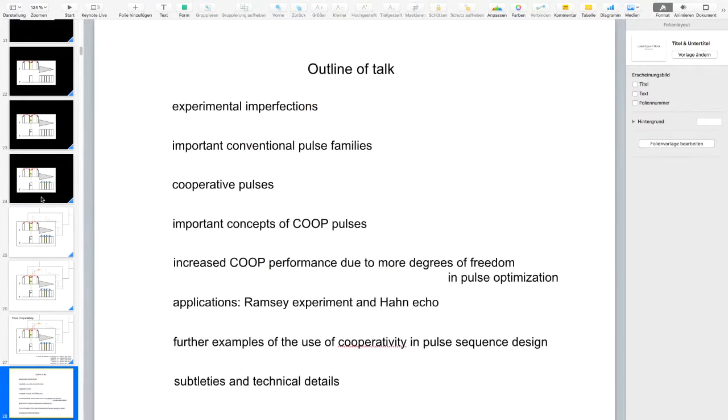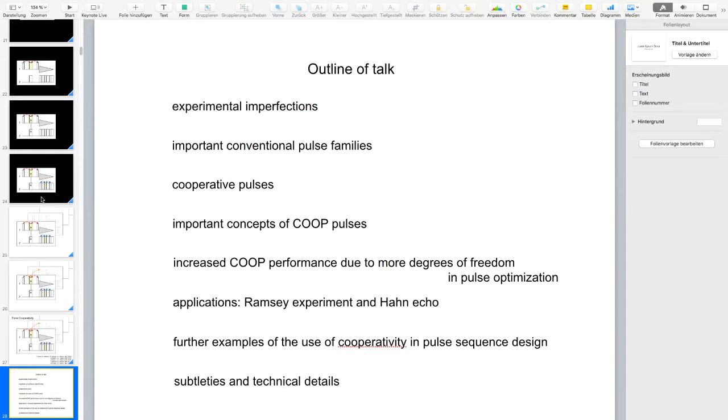So in the talk, I would like to first remind you of the most important experimental imperfections to take into account, and introduce some important conventional pulse families as a reference point so we can compare with previous approaches. I will introduce more formally these cooperative pulses and some important concepts in this relation.